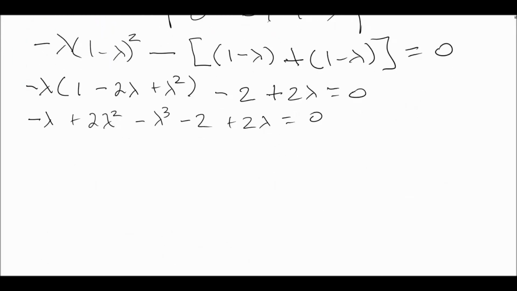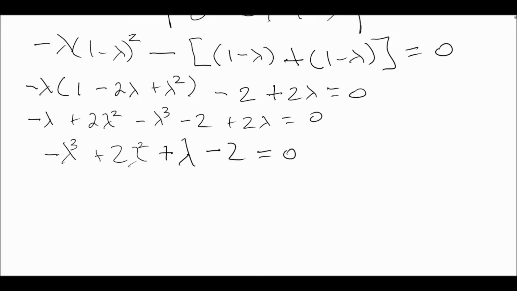When we bring together common terms, we get the cubic polynomial minus lambda cubed plus 2 lambda squared, then plus 2 minus 1 lambda, so that's plus lambda, then minus 2 equals 0.